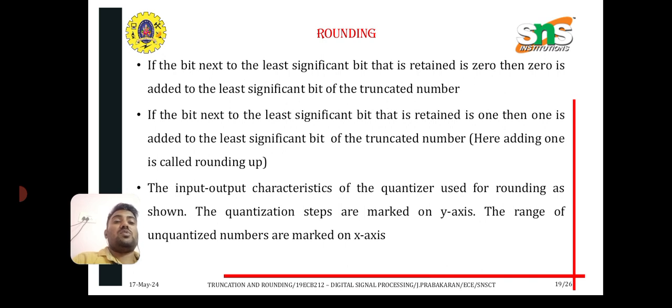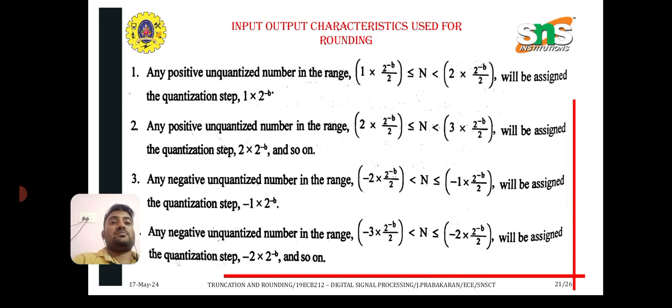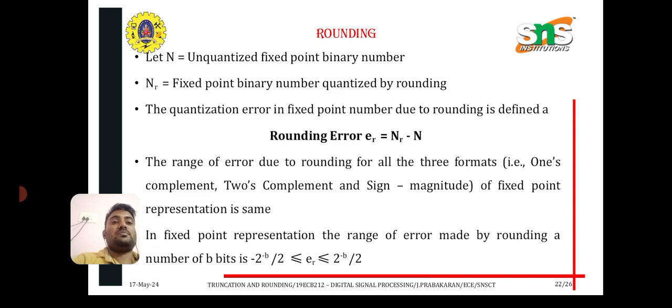This is the input-output characteristic used for rounding. The rounding error equals the fixed point binary number quantized by rounding minus the unquantized fixed point binary number.